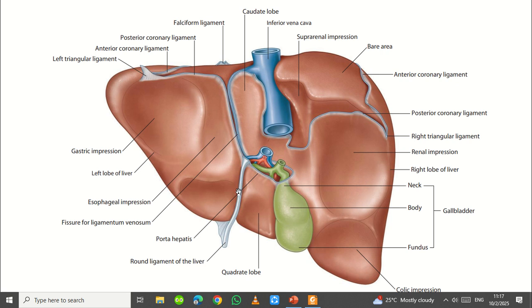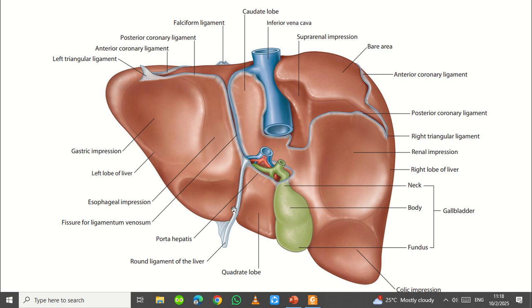It carries well oxygenated blood from the placenta to your liver, and then it bypasses the liver via your ductus venosus, which directly drains into the inferior vena cava. You understand? But during birth and after birth, there's obliteration of the umbilical vein, which will become your round ligament of the liver, the ligamentum teres hepatis.